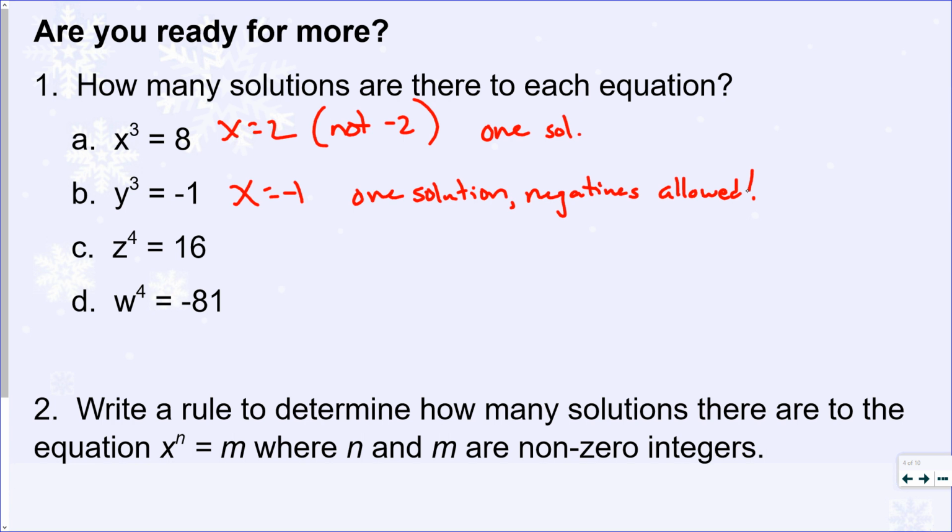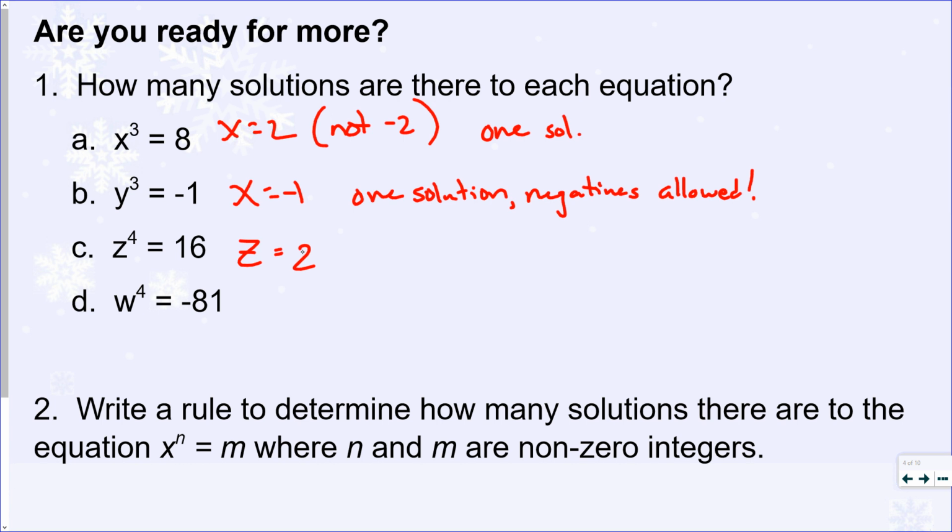Okay. So if square root, no negatives. Cube roots, negatives allowed. What about a fourth power? What to the fourth power gives you 16? 2 does. So z equals 2. Oh, and I meant to say y on that one. That's okay. So z equals 2. Okay, let's check negative 2.